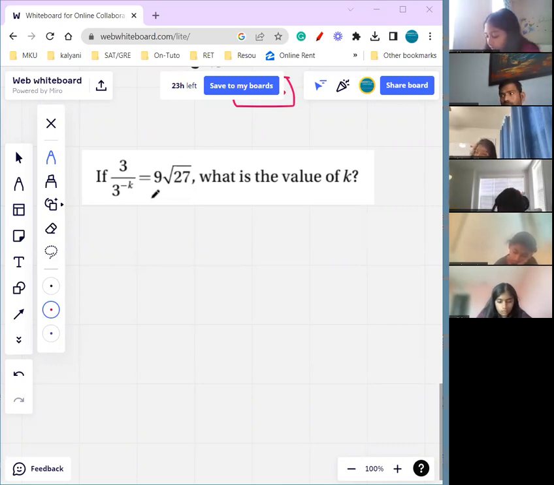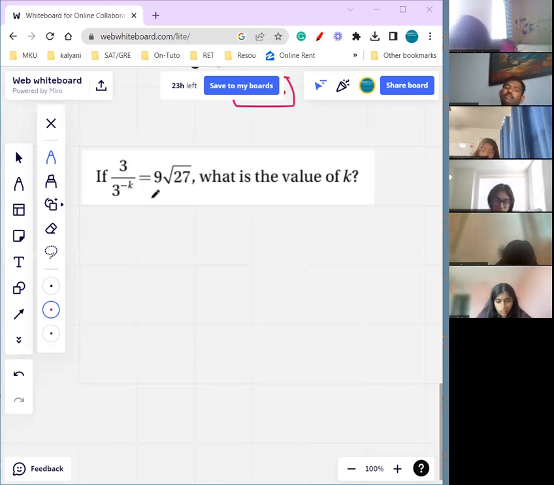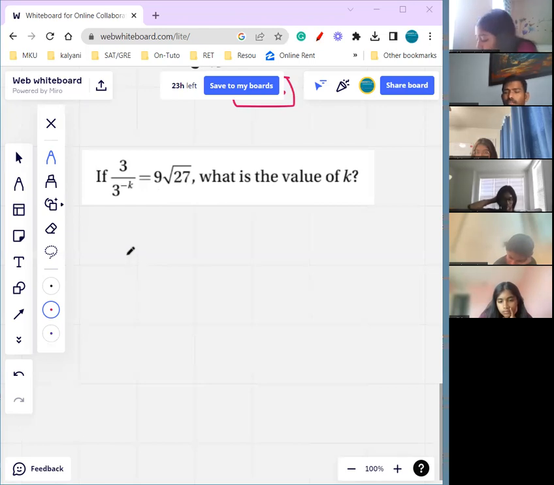Could be calculator, but we can try without a calculator as well. Without a calculator is probably a little faster too. I'm also answering questions in the chat box while I'm speaking with you. Okay, all right, let's look into this one. Eyes on the screen, so that we're not missing anything.